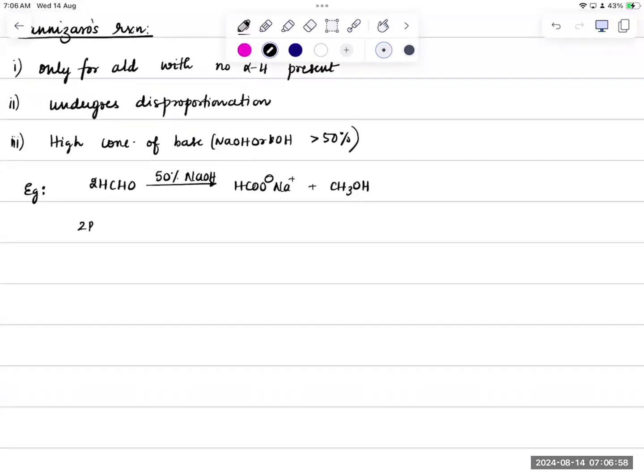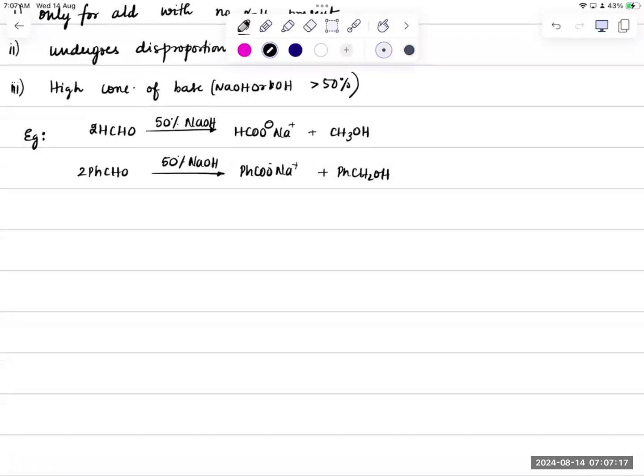And if I take 2 moles of PhCHO, same case, with 50% NaOH, then we will get PhCO minus Na plus plus PhCH2OH. So this is how the Cannizzaro works.